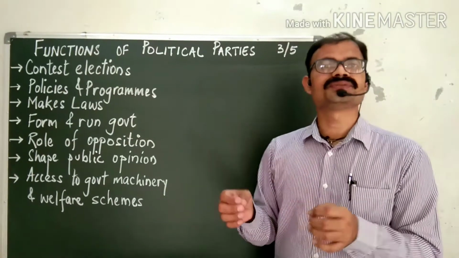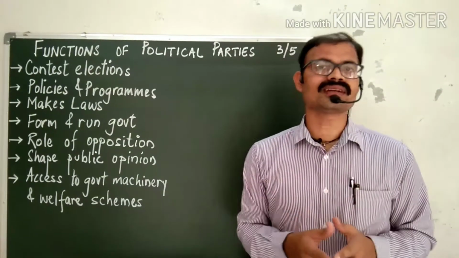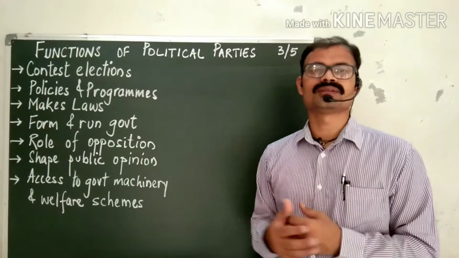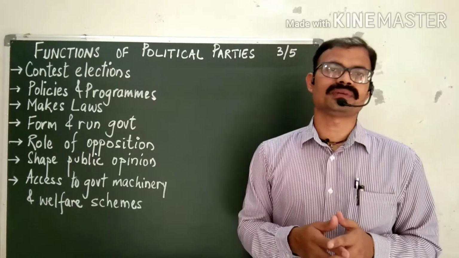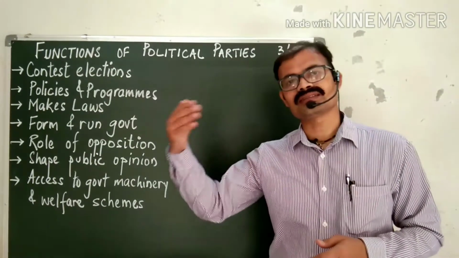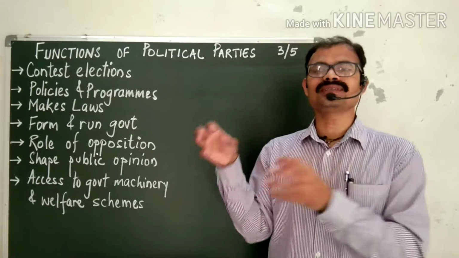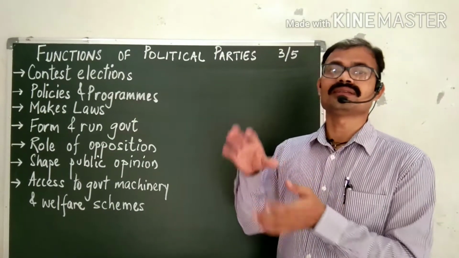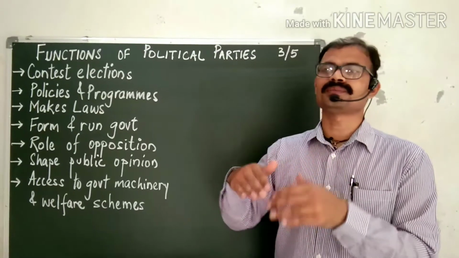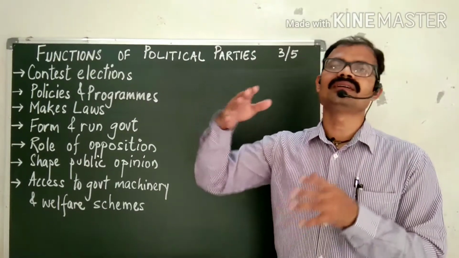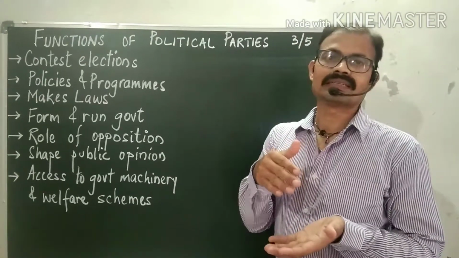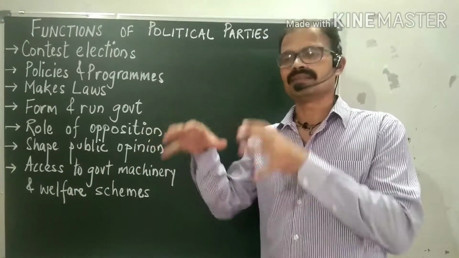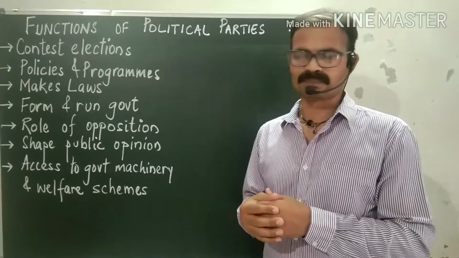Has the government fulfilled all the promises that they made? So they indirectly go to the people and take people's opinion. And when the next election comes, they put these opinions in front of the people. The present government did not come up to the expectation of the people. So, therefore, the people do not vote for that particular government once again.